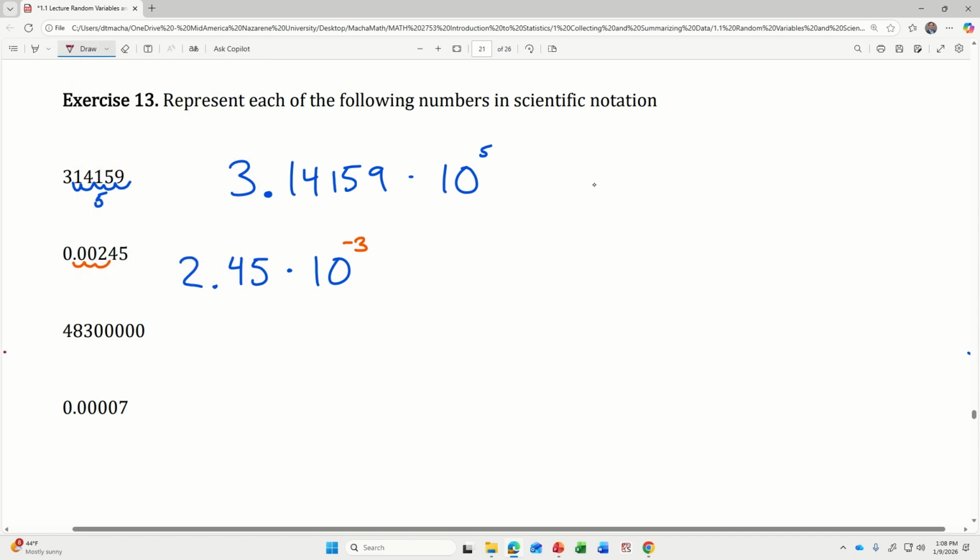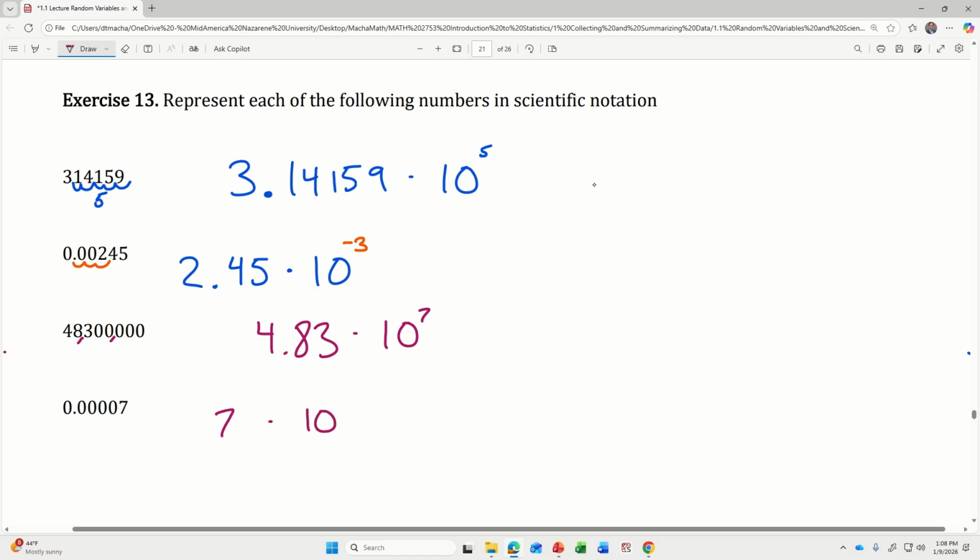I'm going to have to put in some commas in here. 48,300,000. 48,300,000 is 4.83 times 10 to the power what? 7. Because we're moving the decimal 7 places to the left. 0.00007.